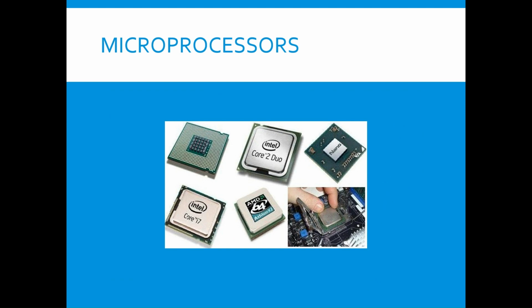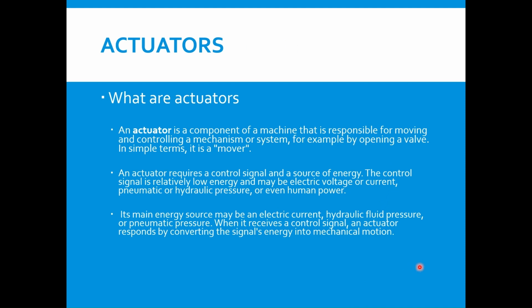After that, let's talk about the actuators. What are the actuators? An actuator is a component of machine that is responsible for moving and controlling mechanism or system. For example, by opening a valve, in simple terms, it is a mover. An actuator requires a control signal and a source of energy.